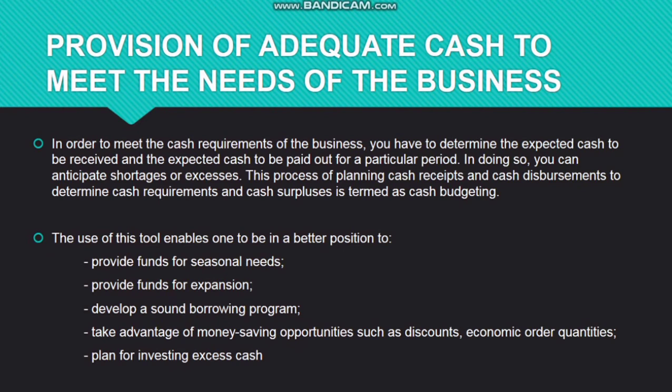The use of this tool enables one to be in a better position to provide funds for seasonal needs, provide funds for expansion, develop a sound borrowing program, take advantage of money saving opportunities such as discounts, economic order quantities, and plan for investing excess cash.